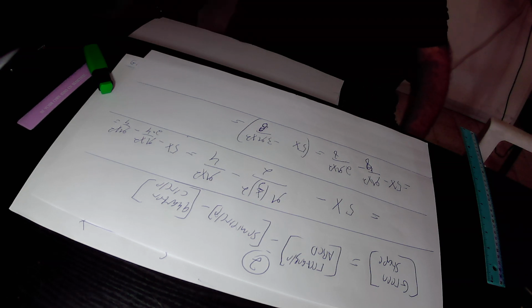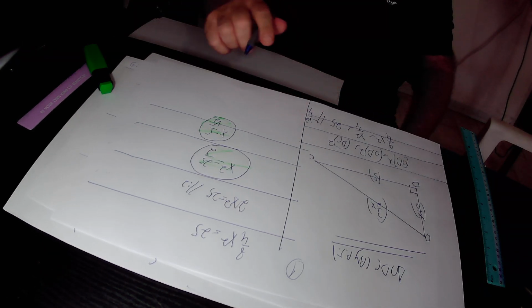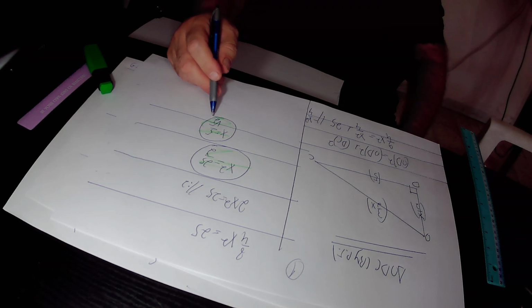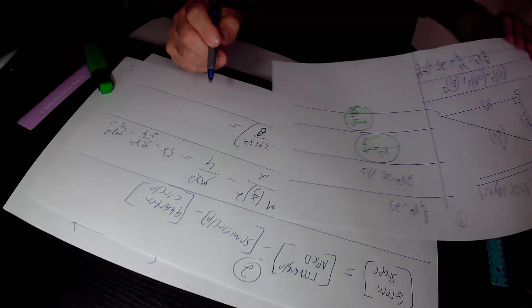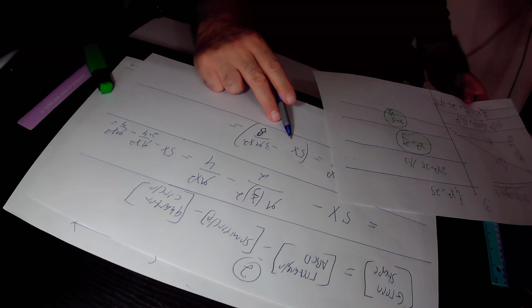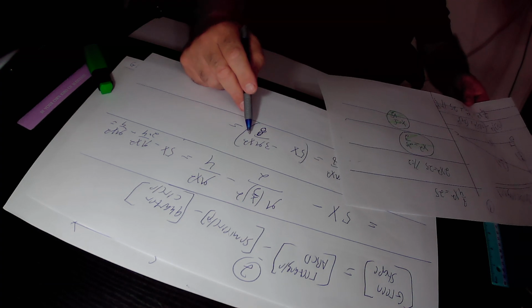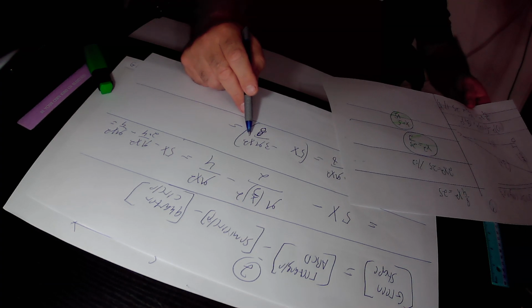But we already found out that x equals 5 over square root of 2 units in length, and x squared equals 25 over 2. So we can substitute x in this expression by 5 over square root of 2, and x squared by 25 over 2.